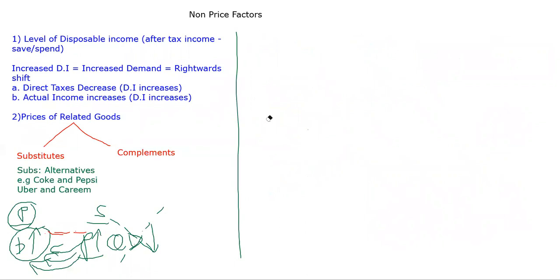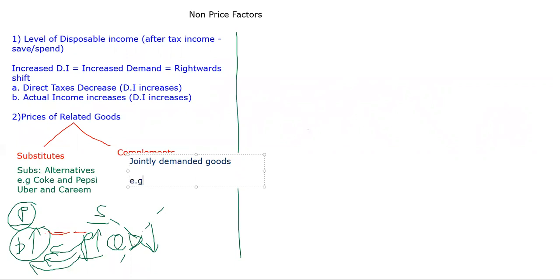Anyhow, so complements. These are normally jointly demanded goods. So goods where, if you want one of them, you want the other one as well. Let me think of an example.